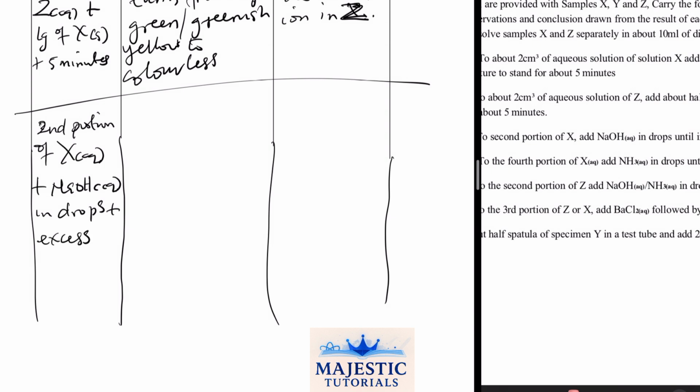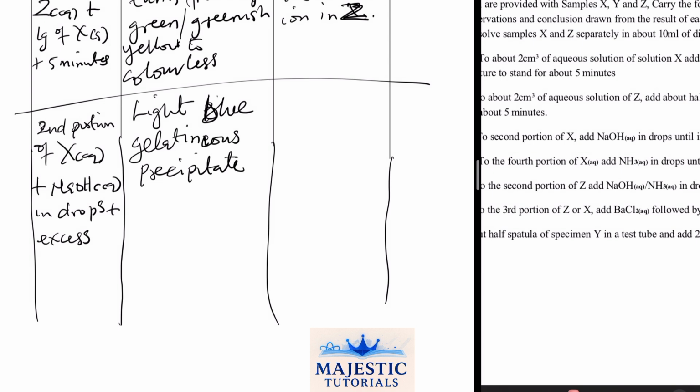You record your observation: light blue gelatinous precipitate, which persists in excess of sodium hydroxide.